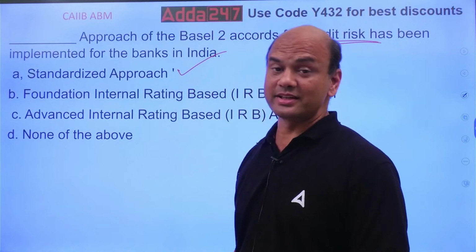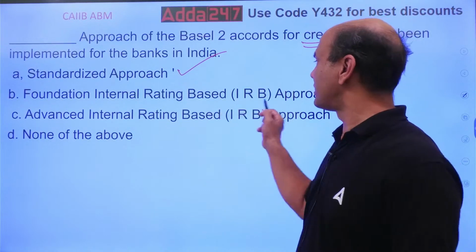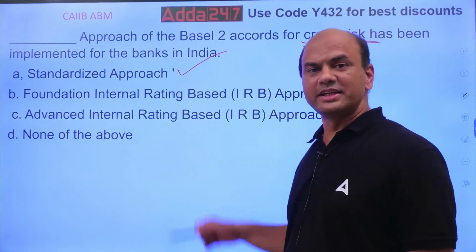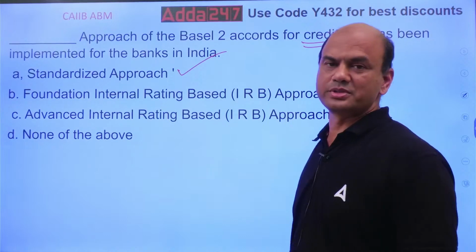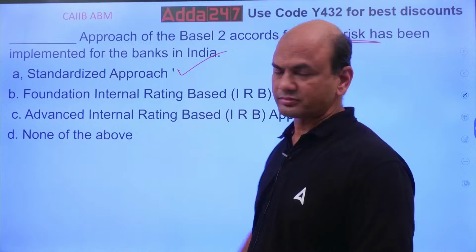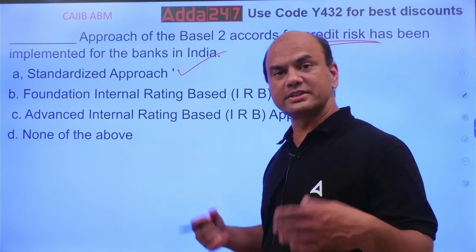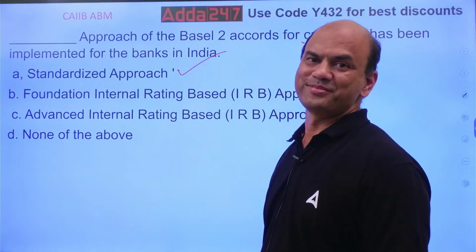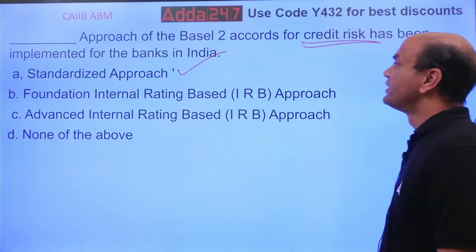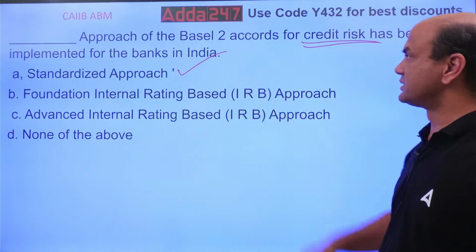FIRB, foundation, and AIRB are IRB based approaches, internal rating based. In FIRB, the parameters are given by RBI. In AIRB, everything is decided by the bank. So which approach is used in our country? Standardized.